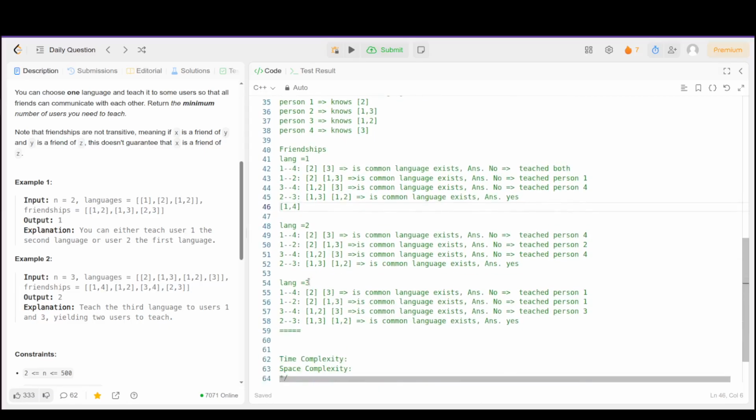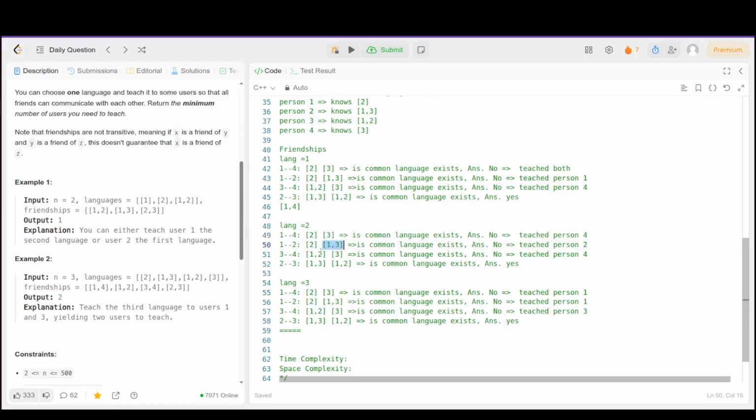And for language 2, in the first friendship 1 comma 4 there is no common language, so we teach language 2 to person 4. And 1 comma 2, that is, 1 knows language 2 and 2 knows 1 comma 3. There is also no common language, so we teach the language to person 2, because person 2 does not know the language.